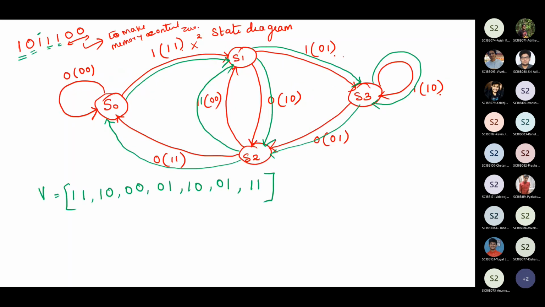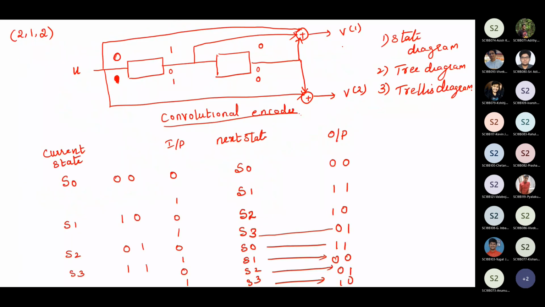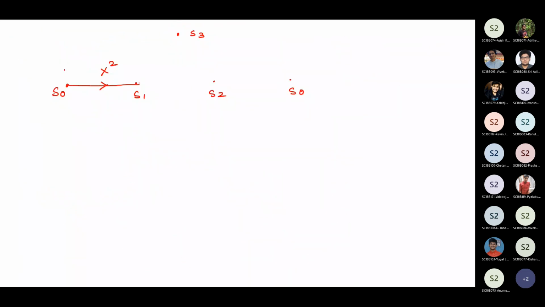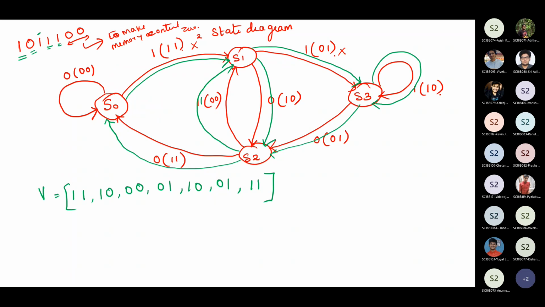So from S0 to S1, the arrow mark is important, it is x square. Next one is S1 to S3, it is x. Next one, S3 to S2, it is x.